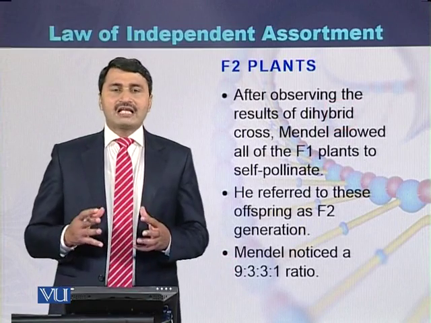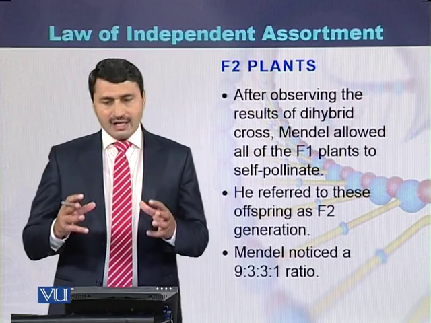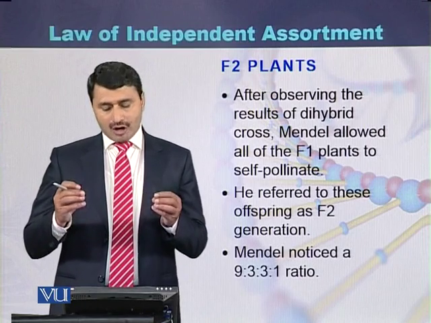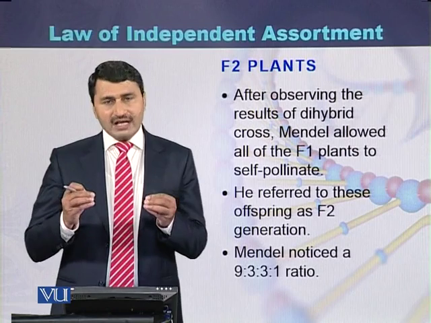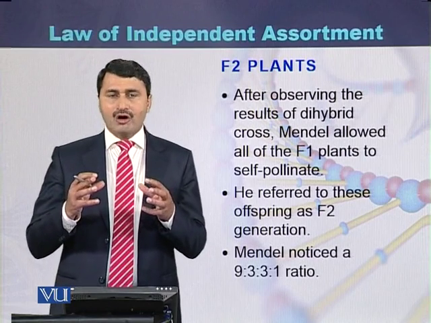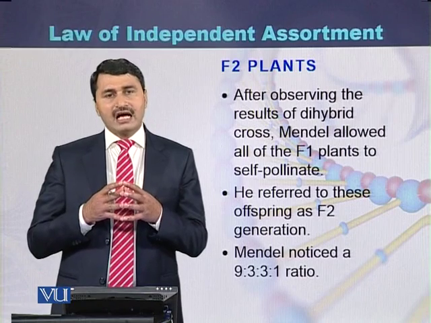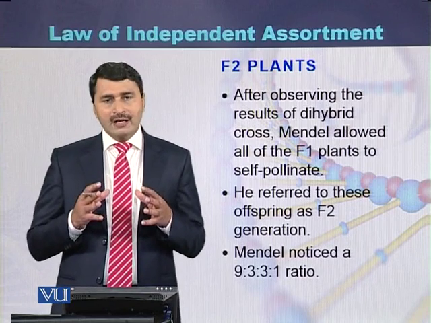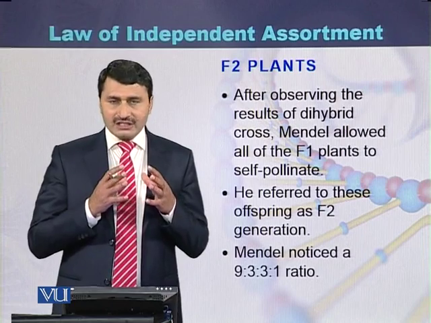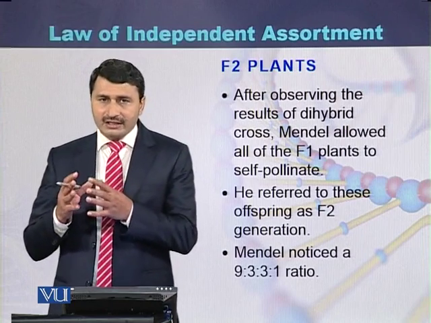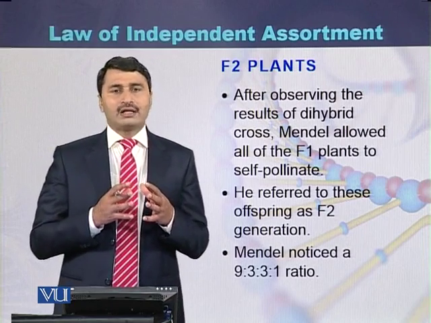So what was the ratio of F2 plants when Gregor Mendel crossed the plants of the F1 generation? As a cross of the F1 generation, he observed a ratio of the plants of 9:3:3:1 instead of 3 to 1.